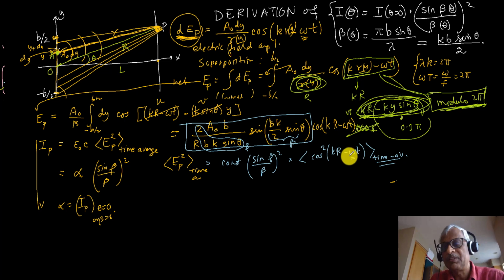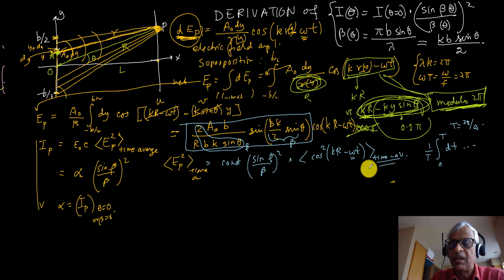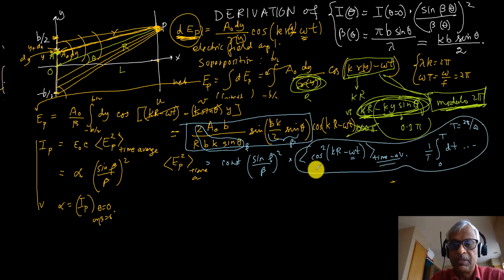Well, this is a periodic function, so you integrate dt, 1 over the time period, from 0 to the time period. So what is the time period? The time period is 2 pi over omega. So you do this, and I guarantee you that you should do this out, and you will get an answer of half from here. So this is whatever constant is, just times half.